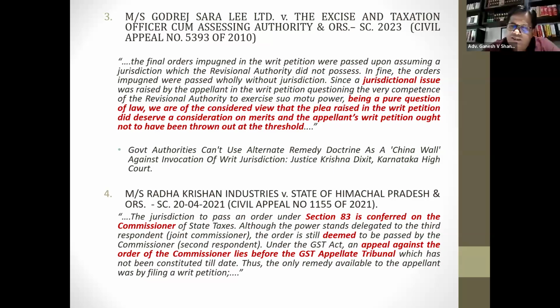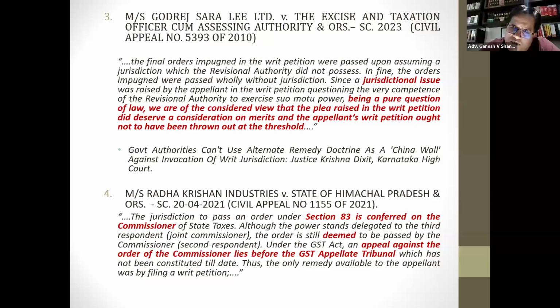Here, the matter was Section 83 used powers by the commissioner to do the provisional attachment and not the adjudication officer, which is referred in 107. Here, because the commissioner has done it, there's no provision to go for a 107 appeal, appeal one, if the commissioner issued this order, Section 83 order.